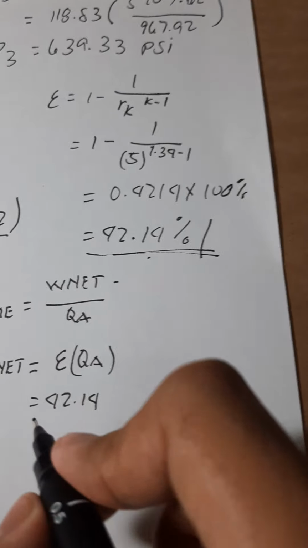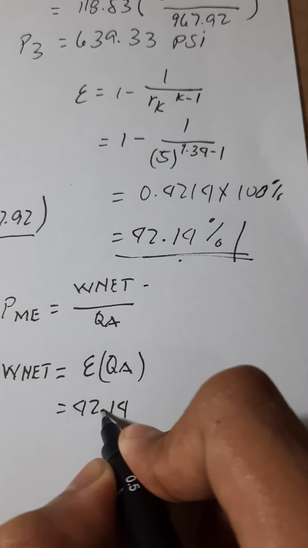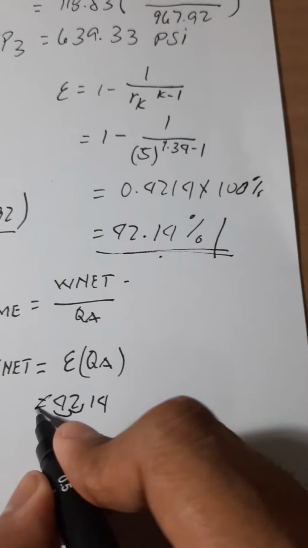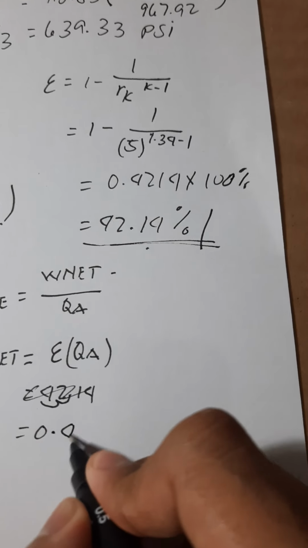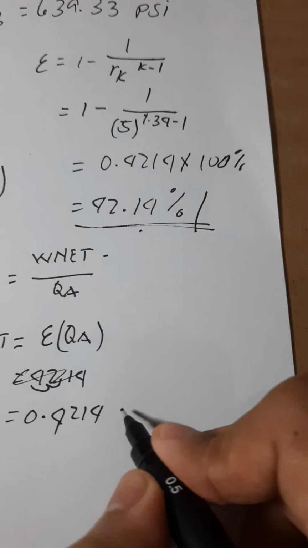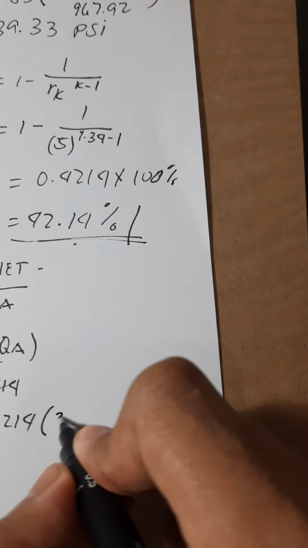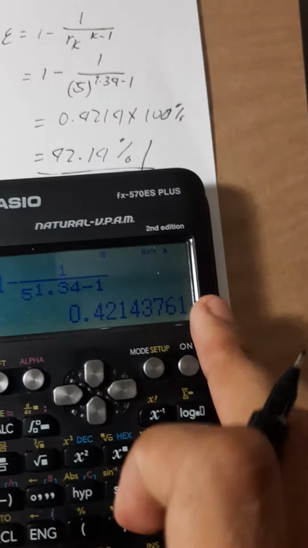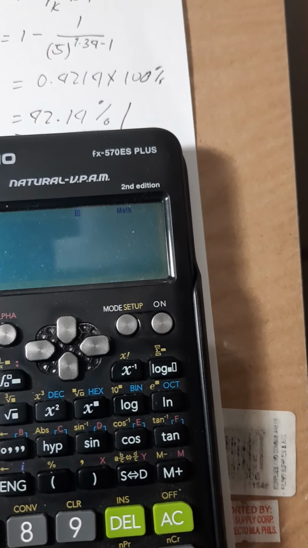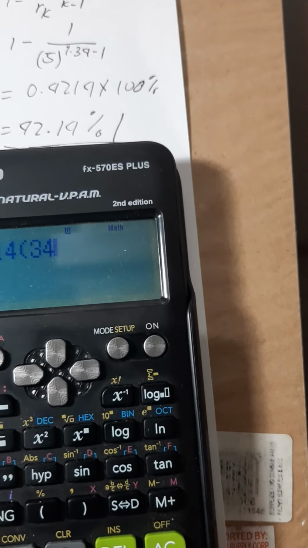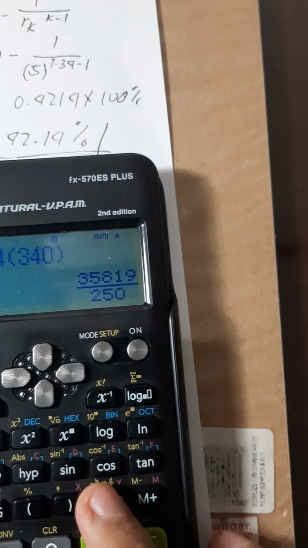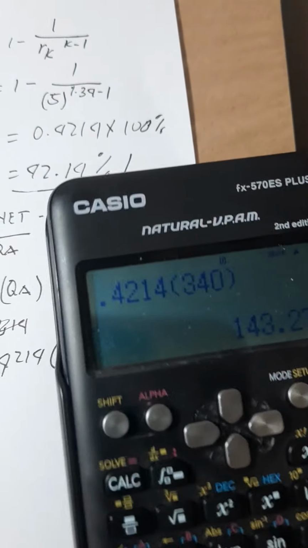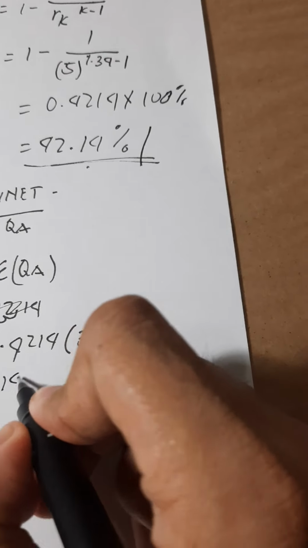We have to bring it back to decimal form. 0.4214 times the heat added, which is 340 BTU. Then we have 143.276.